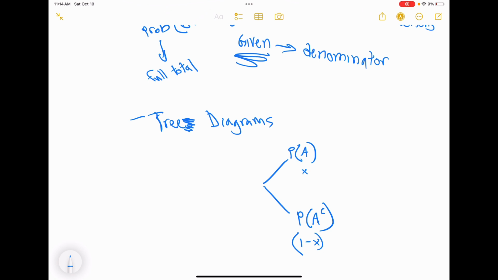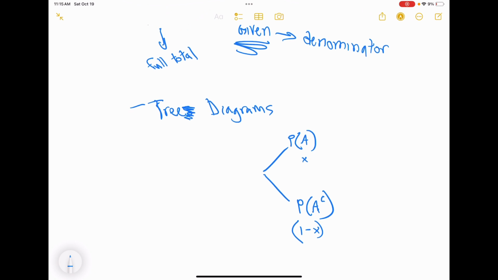Whatever the odds are of a particular thing occurring, 1 minus that is going to be your situation there, unless otherwise stated by some condition.